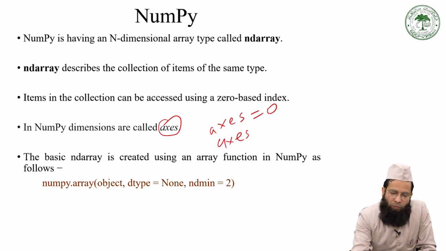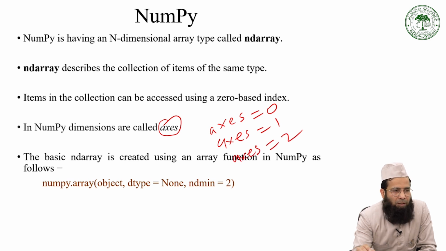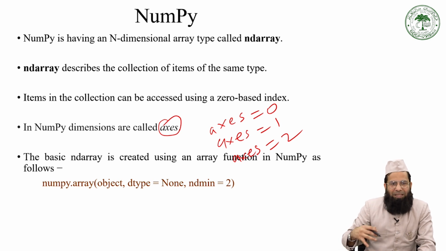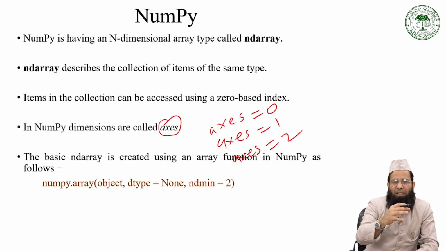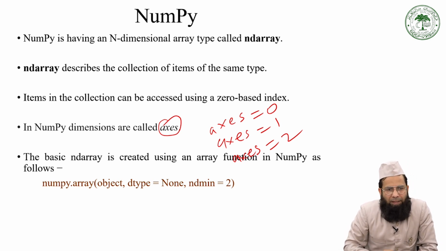Axis 1 is rows, and axis 2 is columns. The importance of these axes we'll discuss in coming slides.